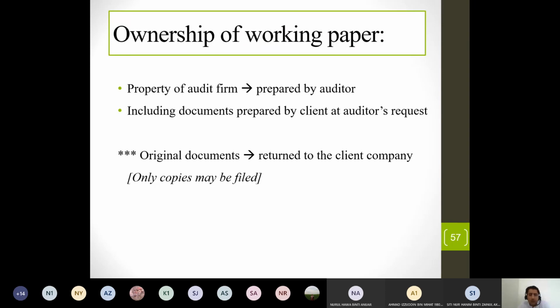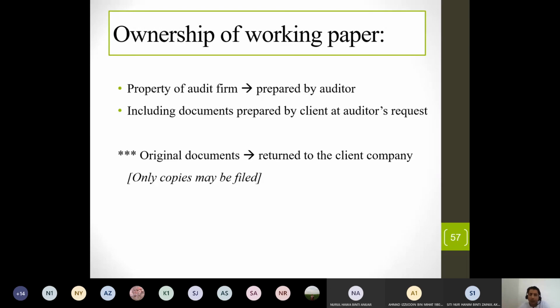It includes documents prepared by the client at the auditor's request. The original documents should be returned to the client company, such as the ownership certificate and so on, but the copy can be kept with the auditor.